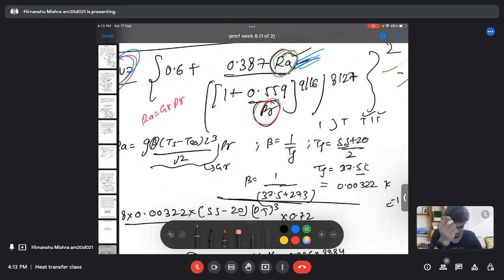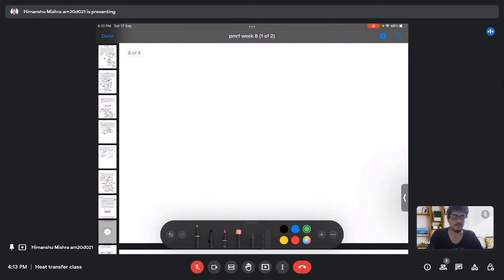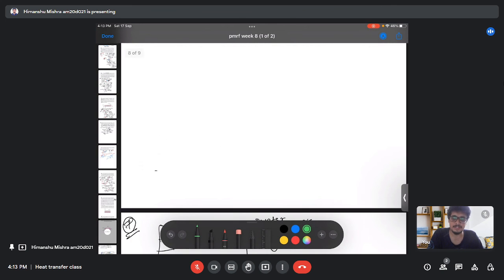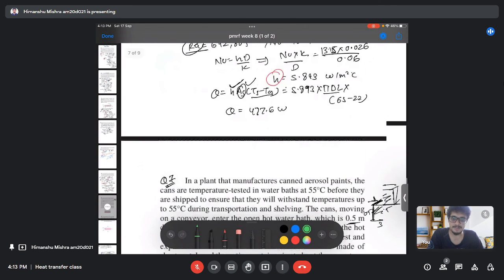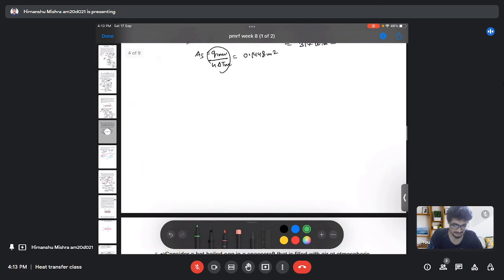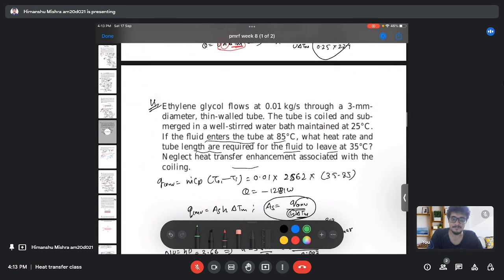So the last question we will solve next week. This week we have covered questions related to heat exchangers, free convection, as well as one question from forced convection. The main difference between forced and free convection is the Nusselt number correlation.